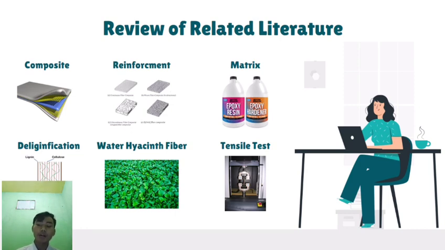Water hyacinth fiber as a natural fiber composite material is very promising in terms of availability, as the raw material is very abundant, easy to obtain, low priced, and non-toxic. Tensile test. The tensile test is a method used to determine the ductility and toughness of a material by applying a tensile force load to the material. Standard tensile testing refers to ASTM.